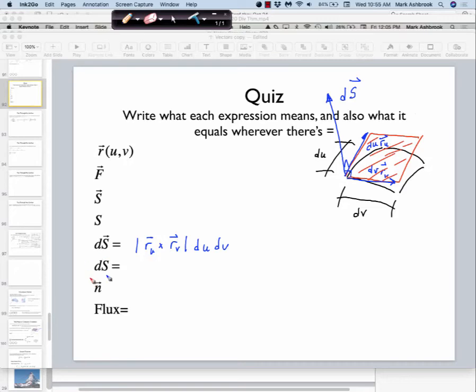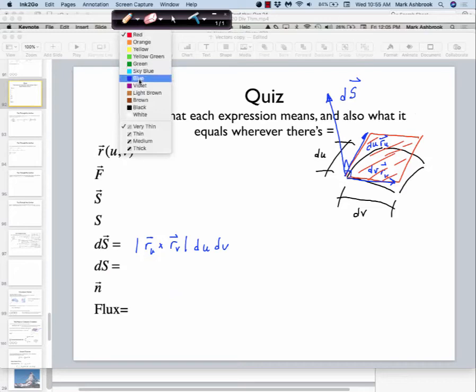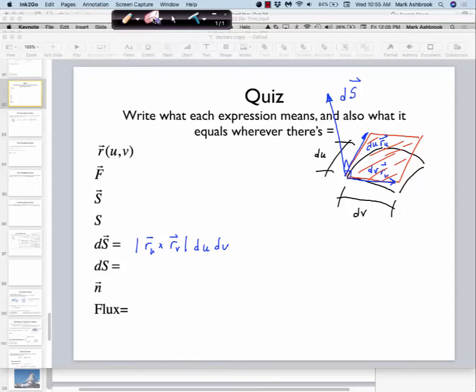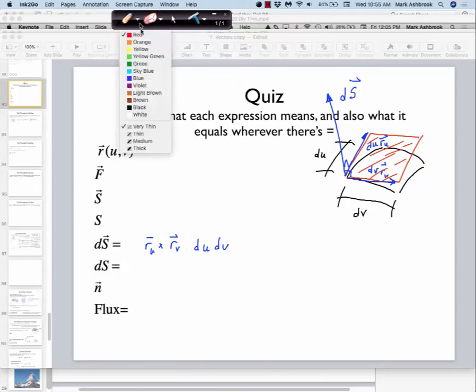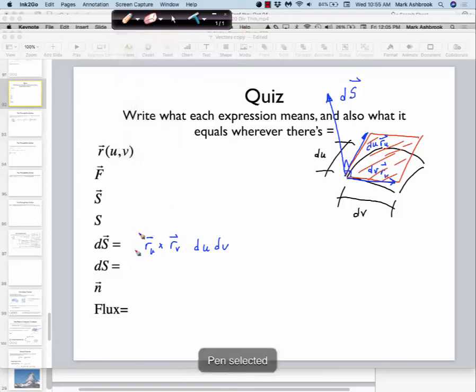So then what's dS? It's just the area. Oh wait, this is not right. Sorry, I got that wrong. This should be this: it's truly the vector, not the magnitude. So the magnitude is what I wrote before.